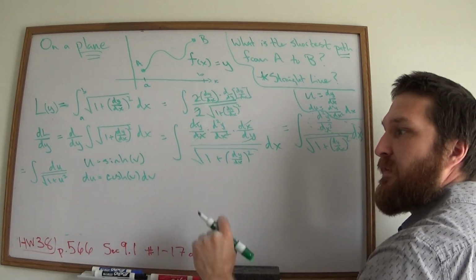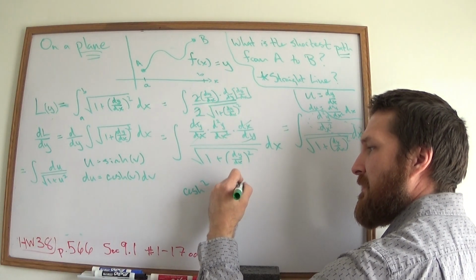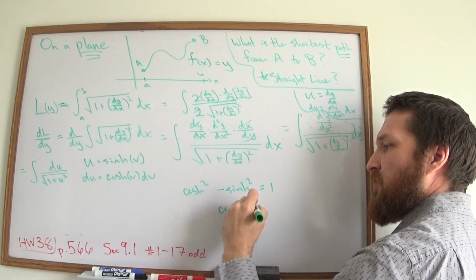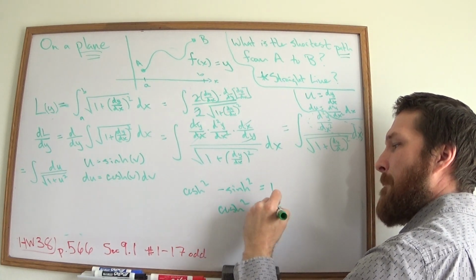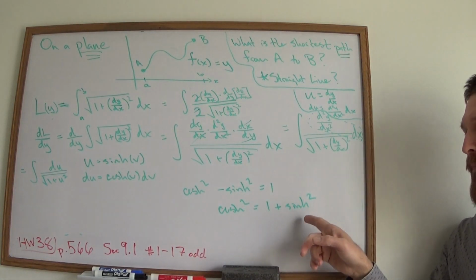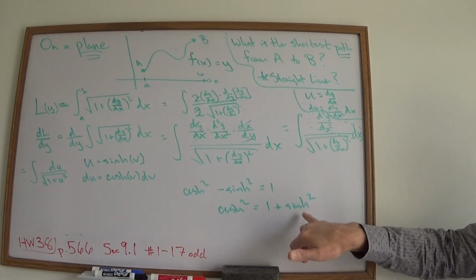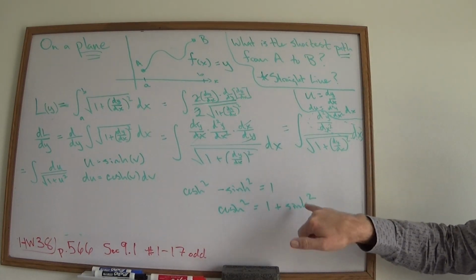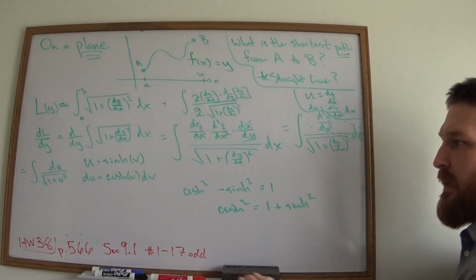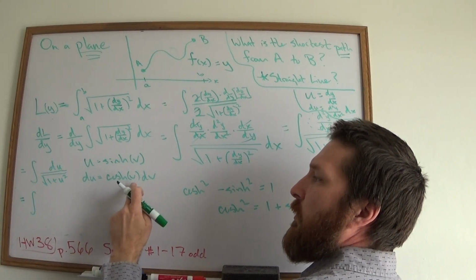Now this has the nifty property. Remember that cosh squared minus sinh squared equals 1. So cosh squared is equal to 1 plus sinh squared. So when you have a plus, this is why we did this in the first place, because now we're going to let u squared be sinh squared, and watch what happens when I plug that in. du is now cosh v dv.